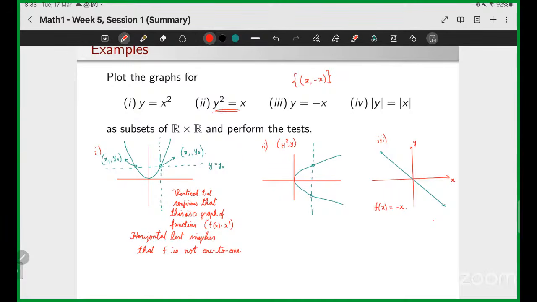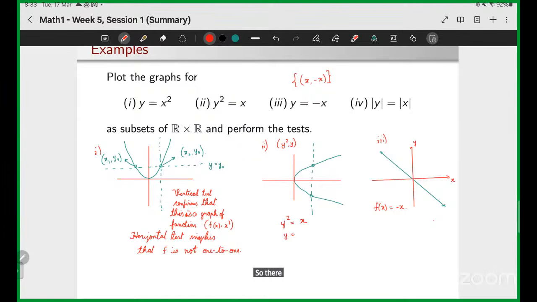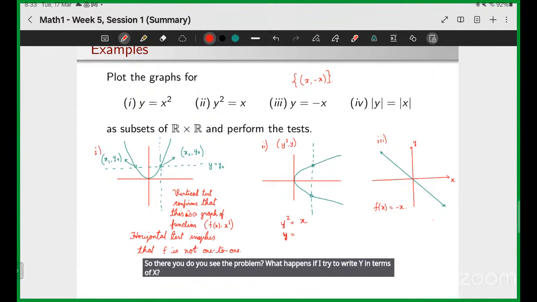In the previous case, if you try to write it as a function, you'll run into a problem. If you want to reformulate y square equal to x as y is equal to something, do you see the problem? What happens if I try to write y in terms of x?